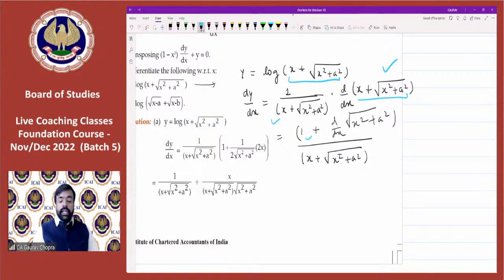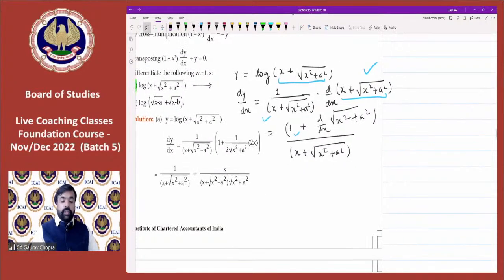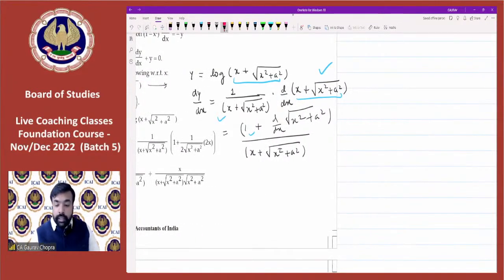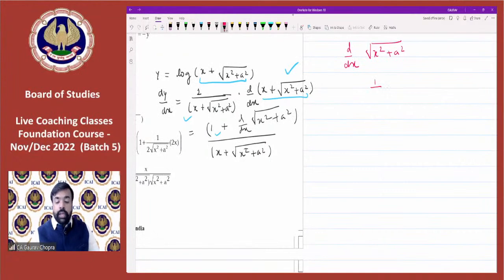Now what is the derivative of x square plus a square? We can write it separately. If we have to find d by dx of x square plus a square, then it will be 1 by 2 root of x square plus a square, and then multiply with the derivative of x square plus a square.